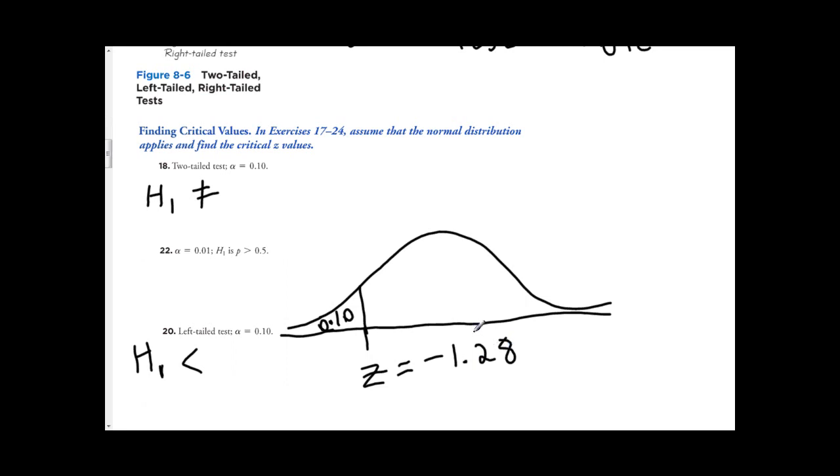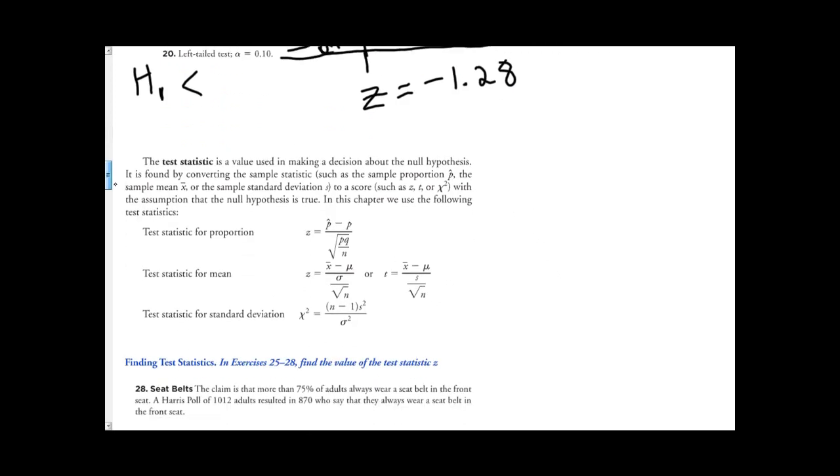So that separates the unusually low values from the usual values. The usual values wouldn't warrant rejecting the null hypothesis, but the unusually low values would cause us to reject. That's why this is called the rejection region. Reject the null hypothesis, all right? We always refer back to the null hypothesis.